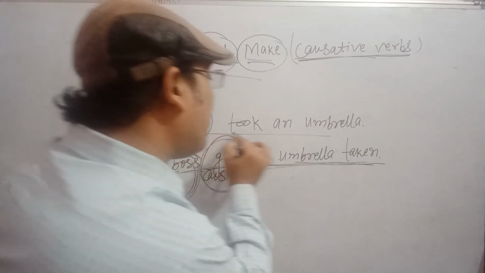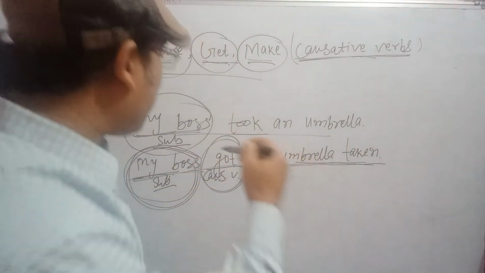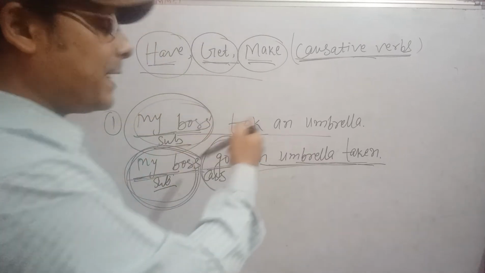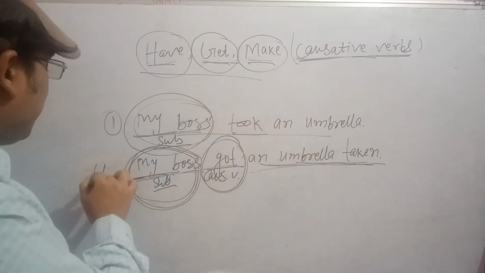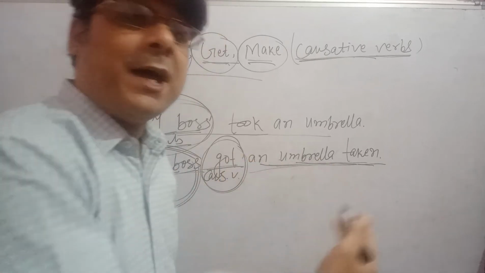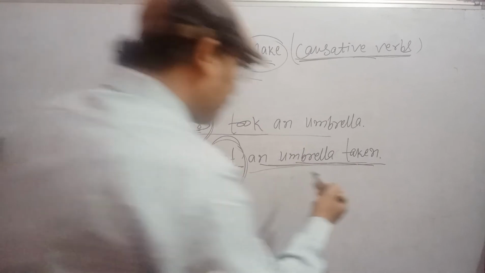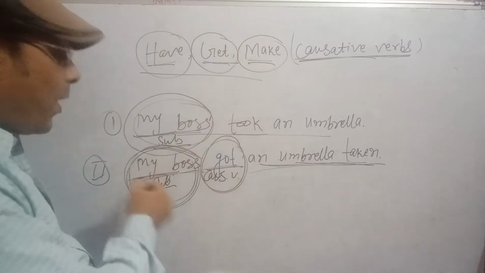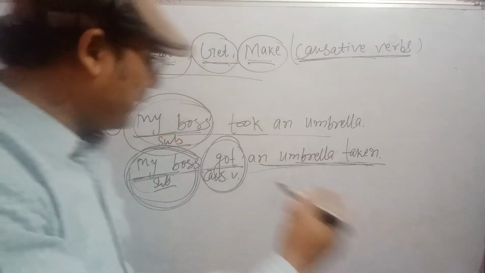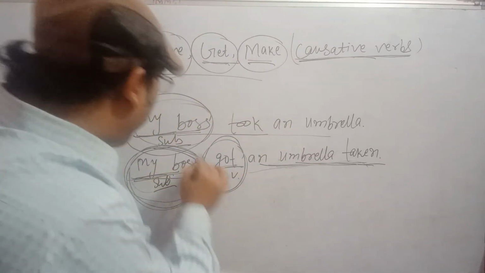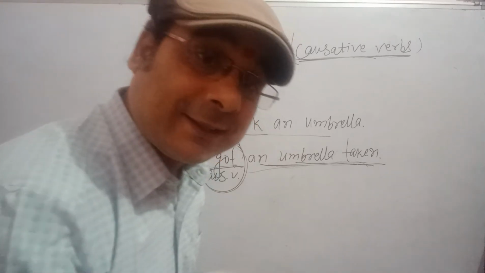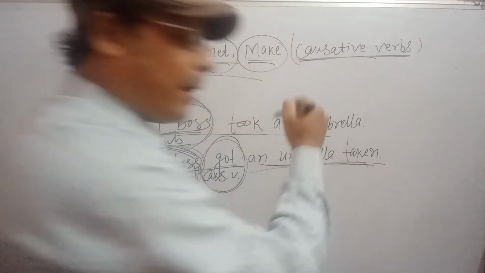So who has taken the umbrella? My boss has himself taken an umbrella. But in example number two, my boss got an umbrella taken, it means my boss has not taken this umbrella himself. My boss, he got someone else to take an umbrella.